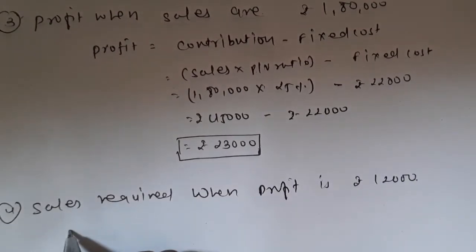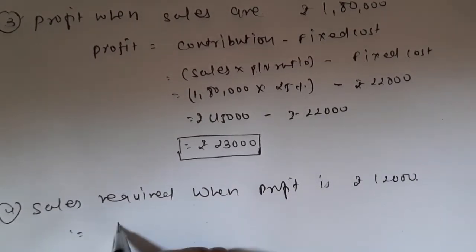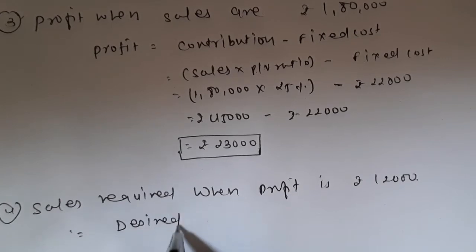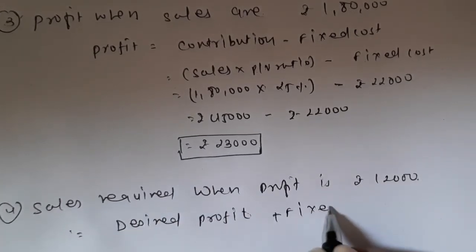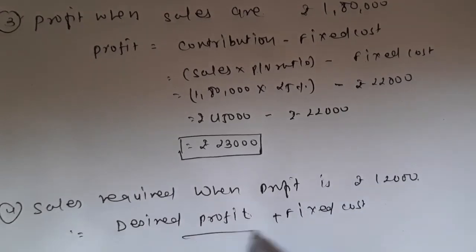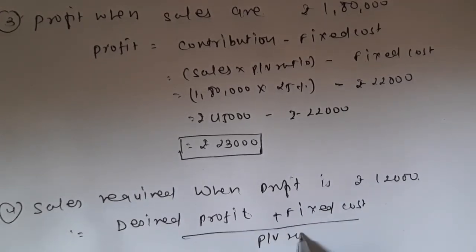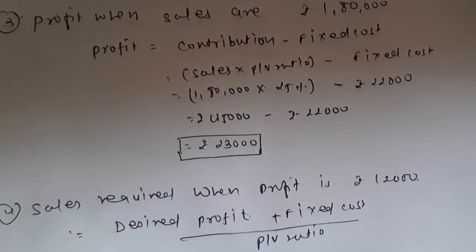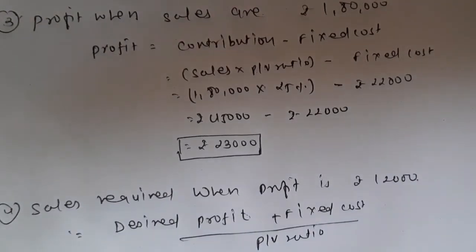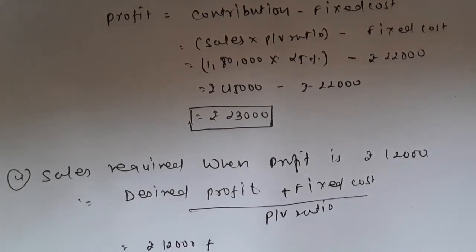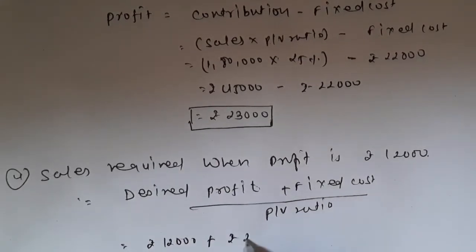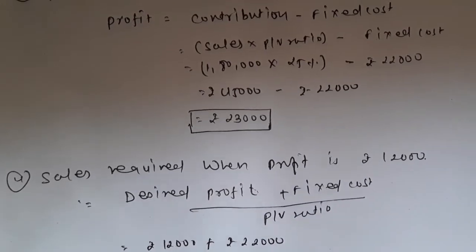So what is the formula for this? It is desired profit plus fixed cost, divided by PV ratio. What is desired profit? It is given, rupees 12,000. And what is fixed cost? We already found it, it is 22,000. And what is PV ratio?